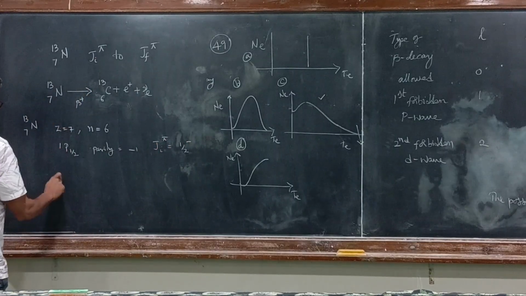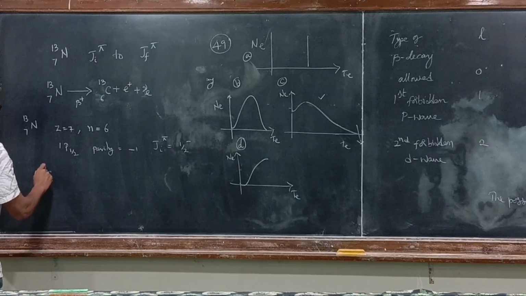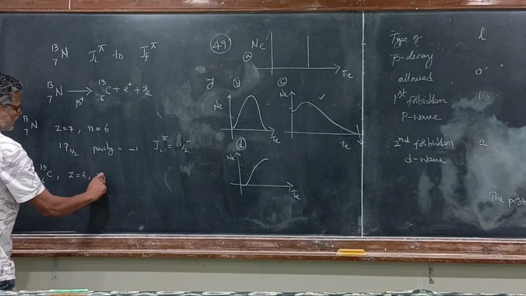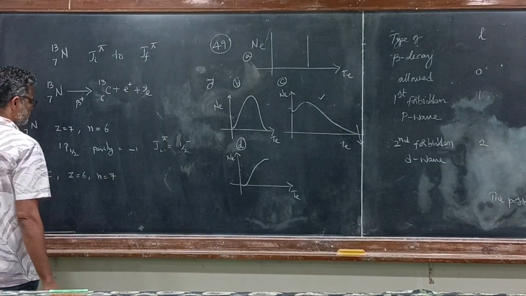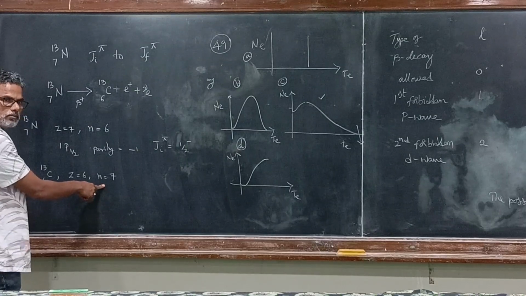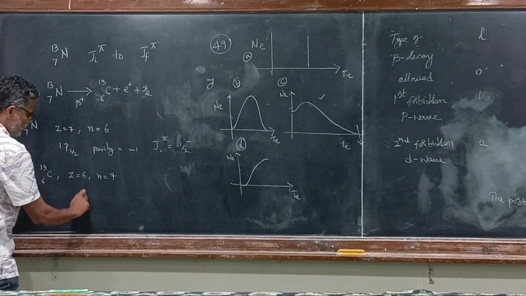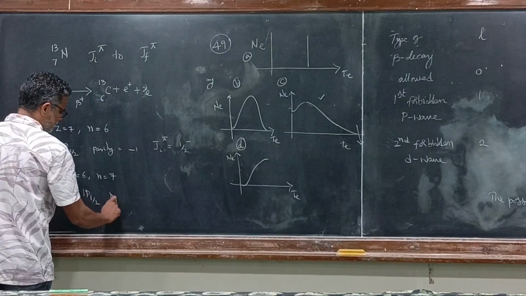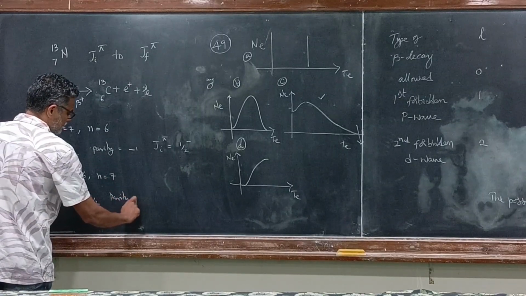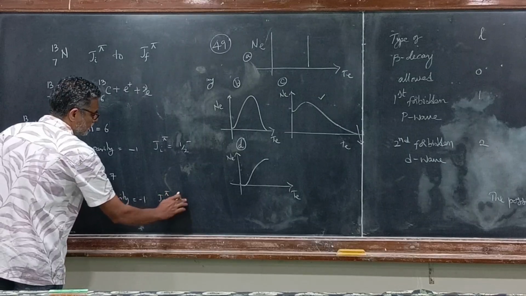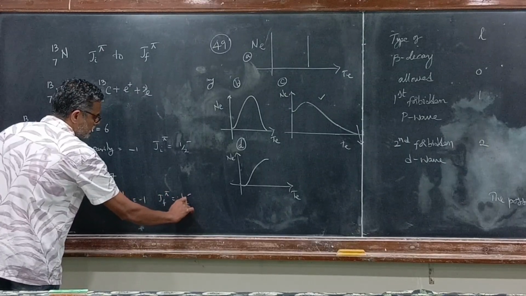And what about the Jf? You have carbon 13, with Z equal to 6 and N equal to 7. So the neutron will go into again P1 by 2, and the parity again minus 1. And J pi will be equal to 1 by 2 minus.